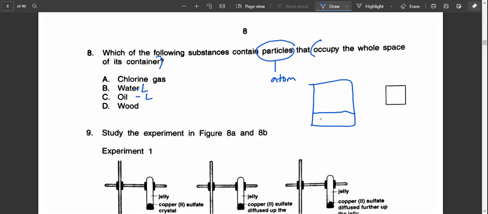And if you put a wood inside of it, you will not be able to put a full wood into it, so there should still be some space in the container. So this is a solid. And then A is a gas. Gas will definitely fill all the spaces until it touches everything. So the answer for this one is A. Only gas can occupy the whole space of its container.